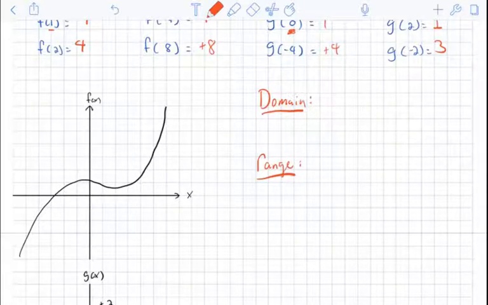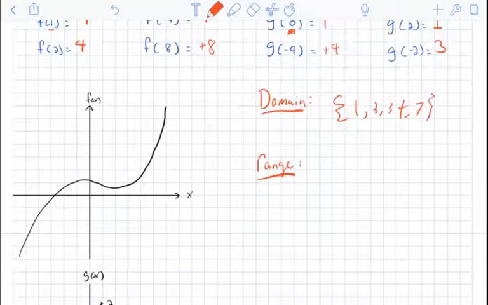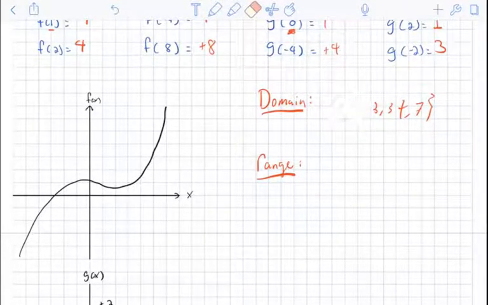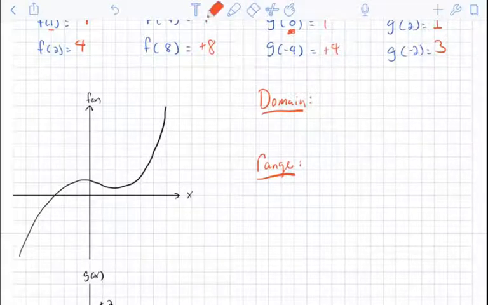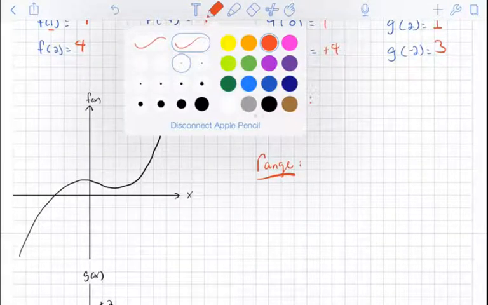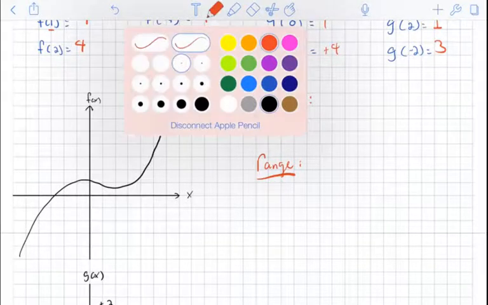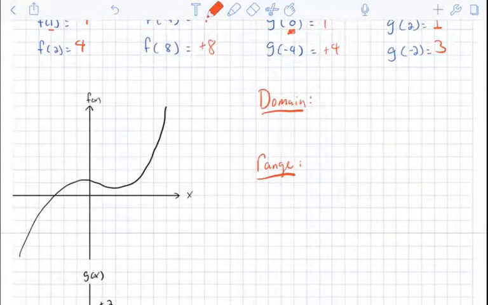Now, the domain and range of functions drawn as graphs usually aren't a list of numbers. In the past one, we could list it: 1, 2, 3, 4, 7, whatever. There are too many to list here. Usually the interval is pretty big, but I'll tell you what we're looking for. We're looking for all of the values of x that have a graph above or below it.